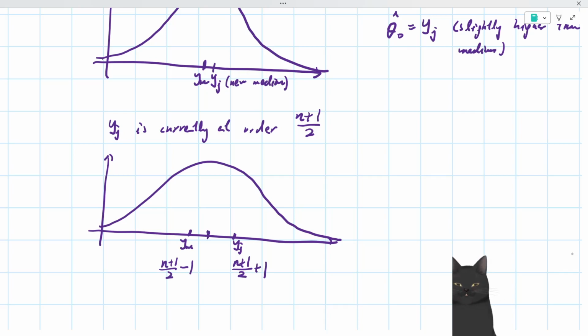Then even if I increase yj, I now have this new median which is at the position of n plus 1 over 2 in terms of descending order. And my theta naught is now going to be stuck with the value that was smaller than yj.